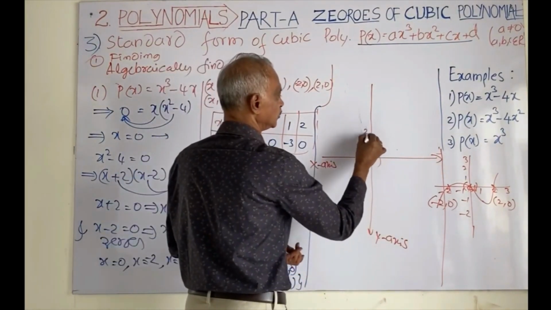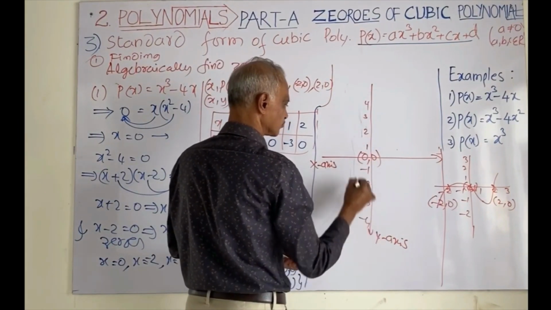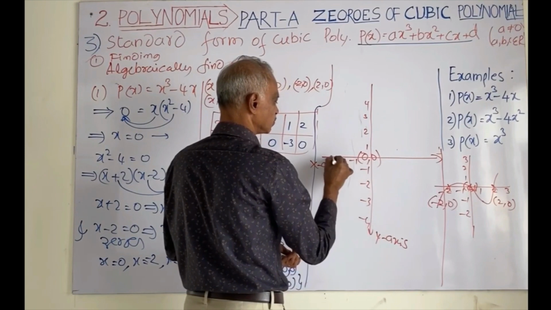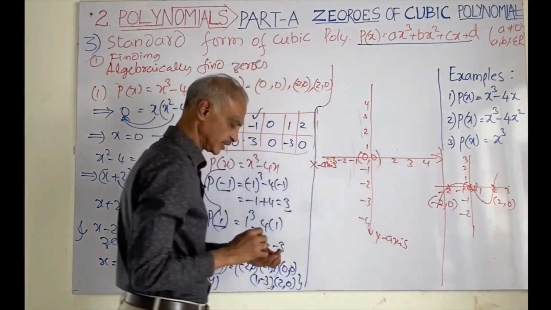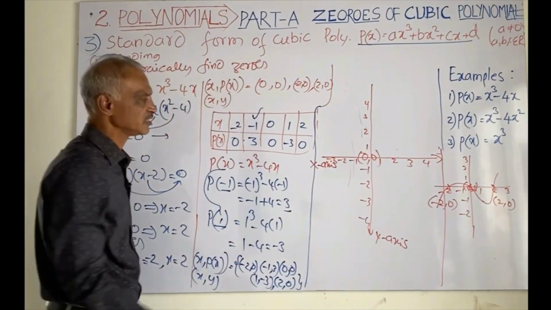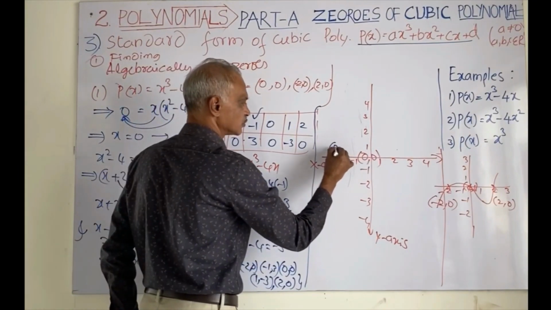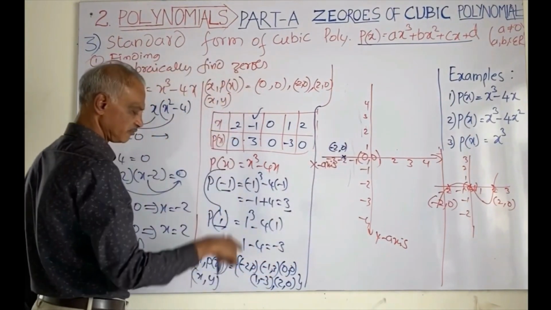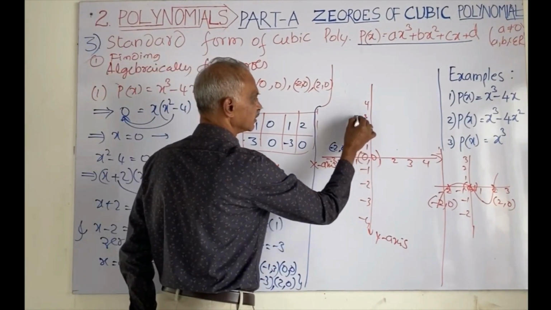You take 1, 2, 3, 4, minus 1, minus 2, minus 3, minus 4 on the axes like this. Now you can draw the graph. Where is minus 2, 0? Minus 2, 0 will be here. Where is minus 1, 3? Minus 1, 3 will be here.